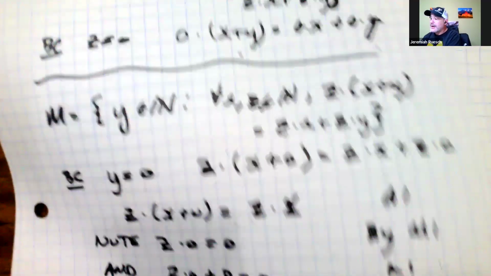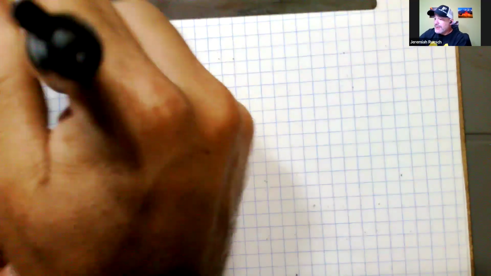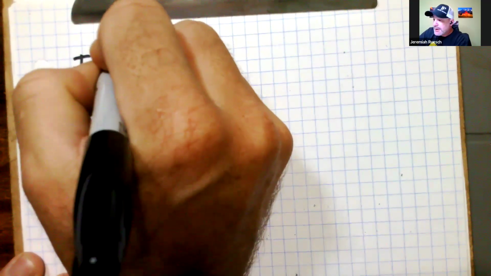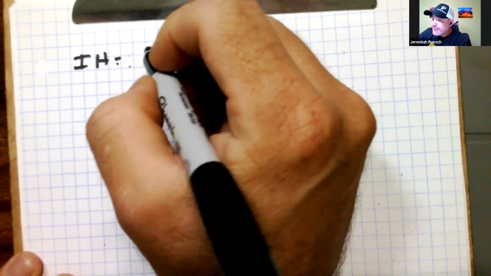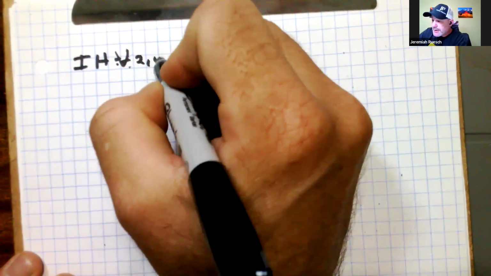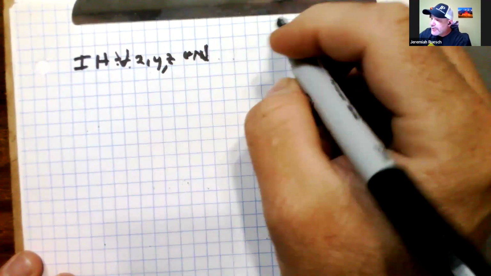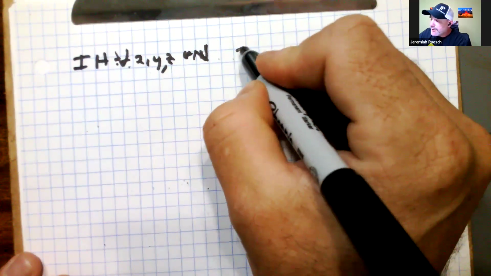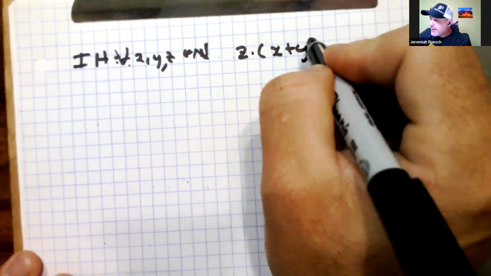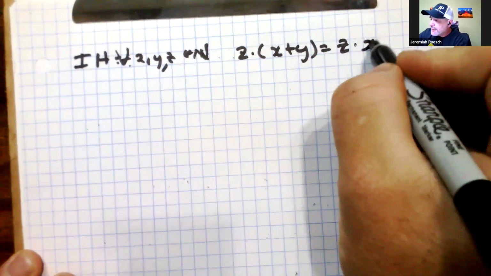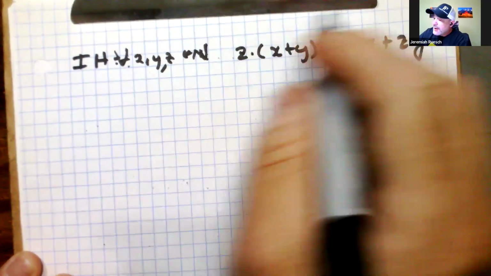So let's then take up the induction hypothesis here. All right, so the induction hypothesis in this case, of course, is that for all x, y, and z in n, all the natural numbers, we want to assume that z times x plus y is equal to z times x plus z times y.